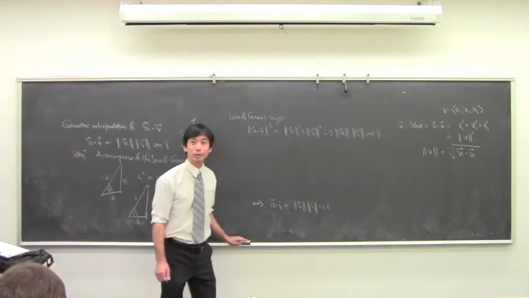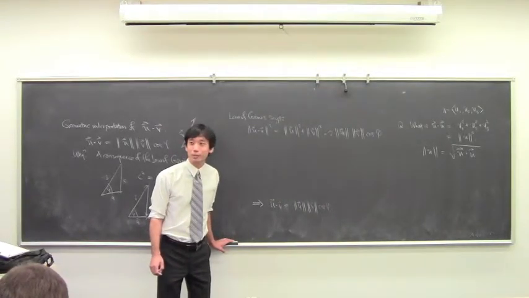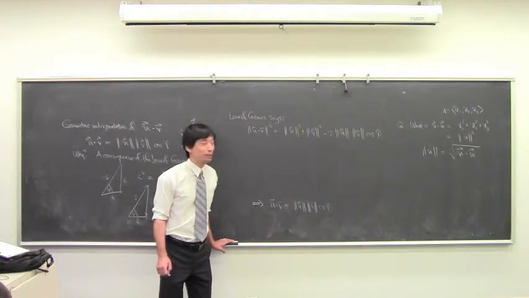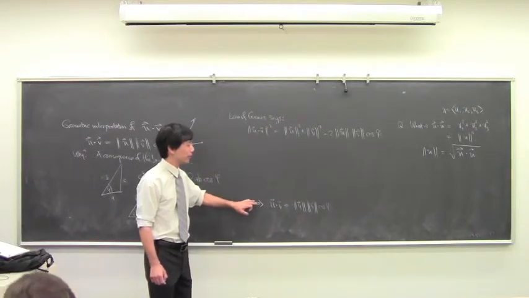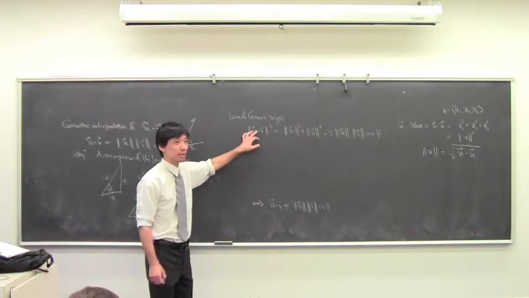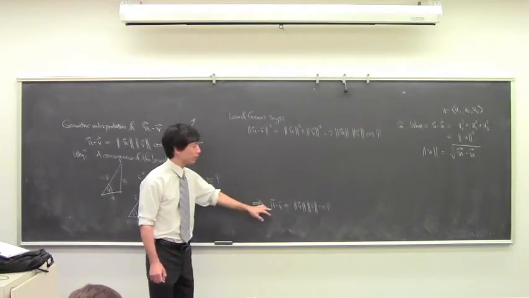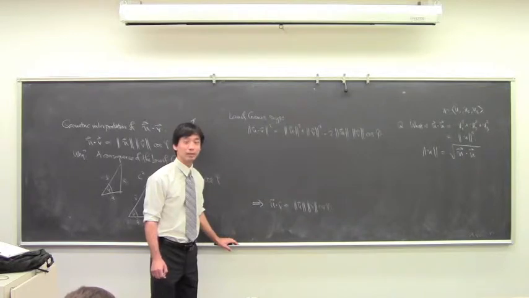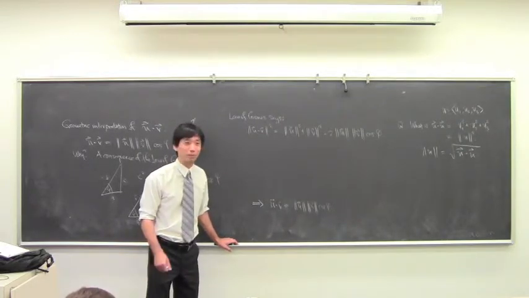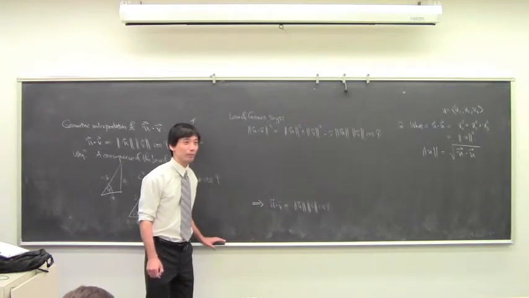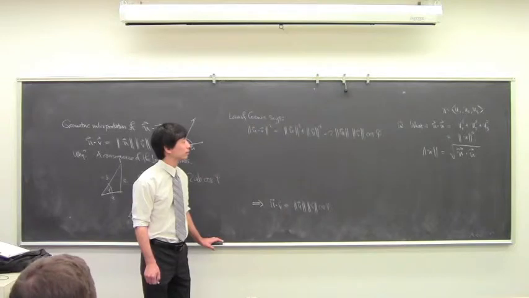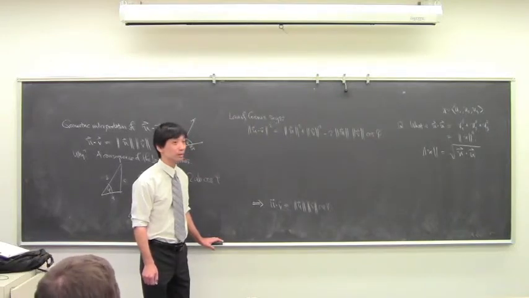Okay, so who would like to make a first move? What's a good first move? We want to get from a statement which has a lot of magnitudes in it to a statement which has magnitudes and dot products in it. Well, you can change the magnitude of u squared to the dot product of u times u.